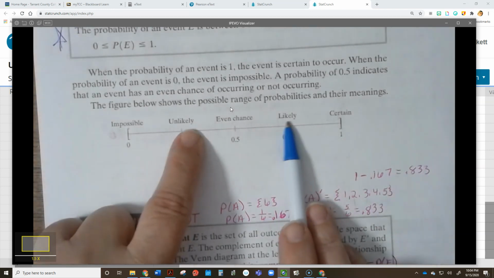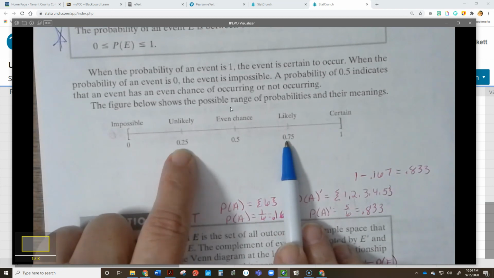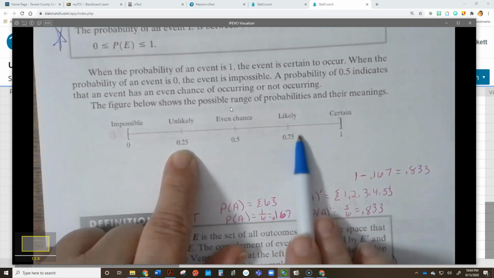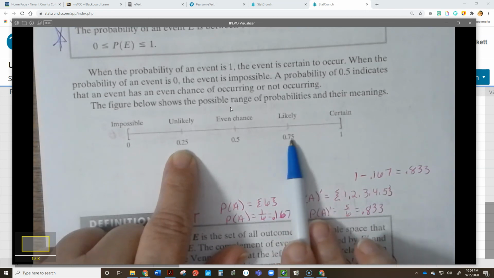You do need to be familiar with these terms, because after you do some calculations, it's going to ask you, is that a likely outcome? Well, if it's somewhere right around 0.75, a little bit bigger or a little bit smaller, then that's considered a likely outcome.